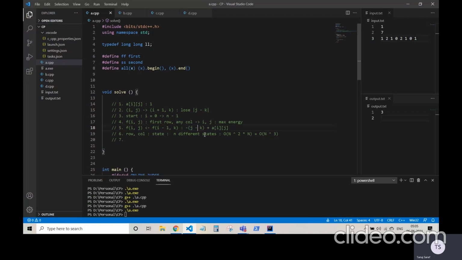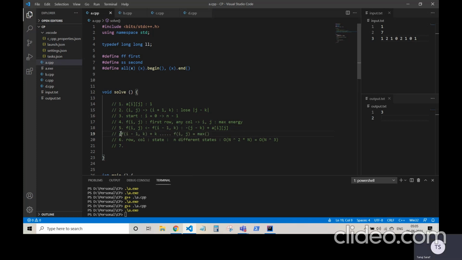If we did not have the modulus, then what we could have done is that when we computed f(i-1, k), we could have stored the value of f(i-1, k) plus k in another auxiliary array.